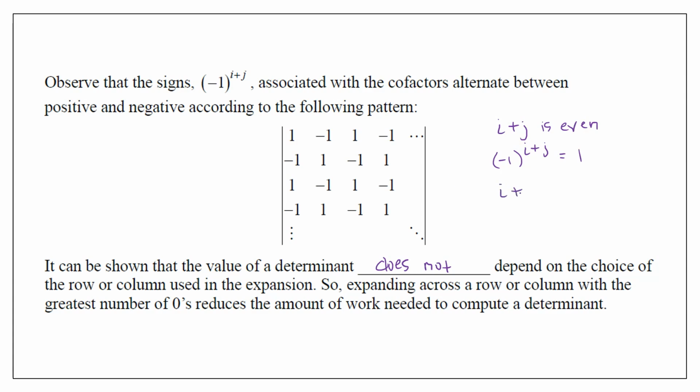If i plus j is odd, like 3, 5, 7, and so on, then the cofactor equals -1, and you'll be multiplying your entry and its minor by -1. That's just an easy little trick to help you when you're expanding. If the entry's row and column sum is even, then you know it's a 1. If the sum is odd, then you know it's -1.